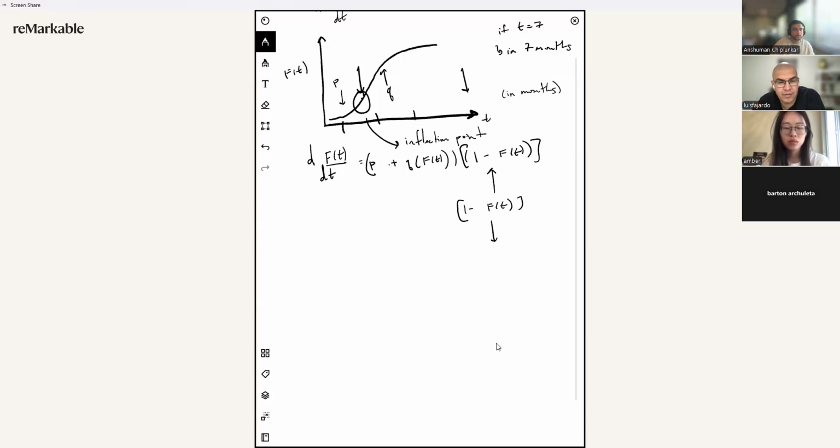So it's who's left over, right? If I've got 70% of the market and I do 1 minus 70%, that means 30% is what I don't have. So this is everyone I want to get still.